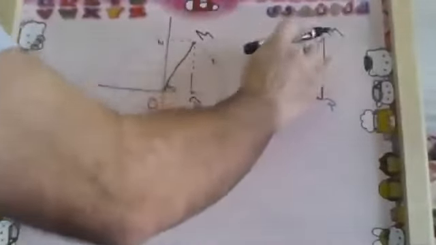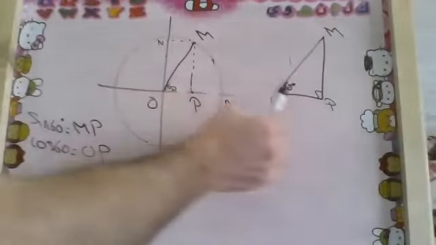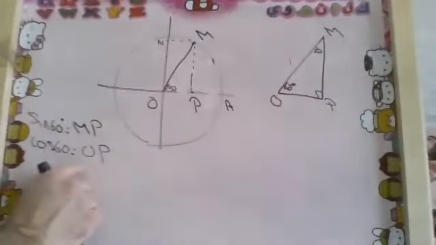A triangle. نرجع نفس الموضوع. 60 degrees. P, O, and the hypotenuse is 1. 60, 90, so this angle is 30. Okay? So I need to find MP and OP.